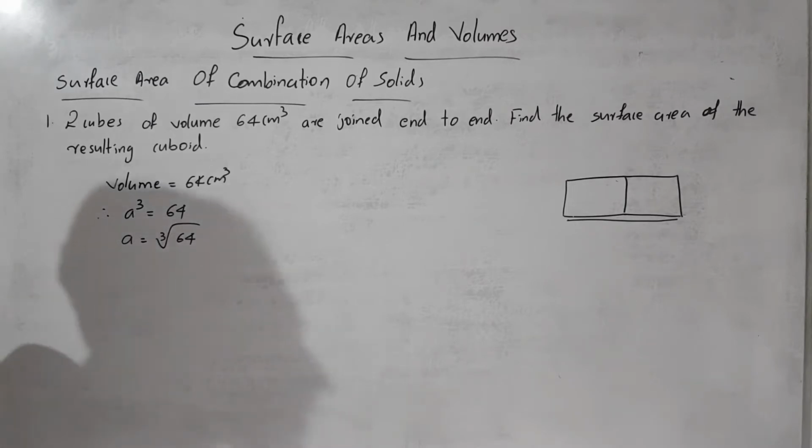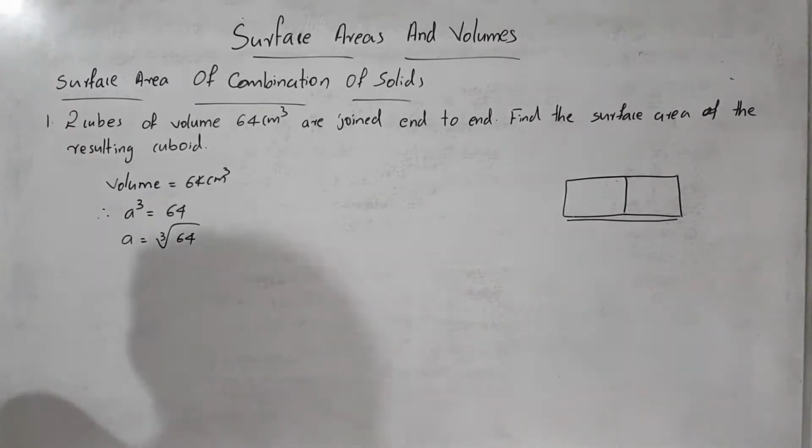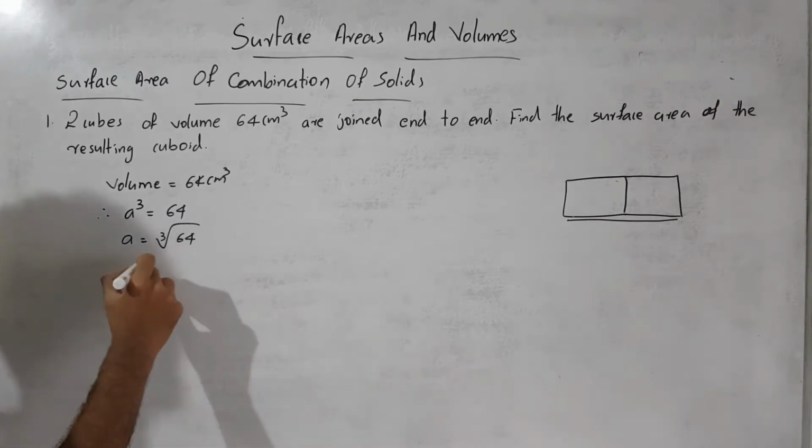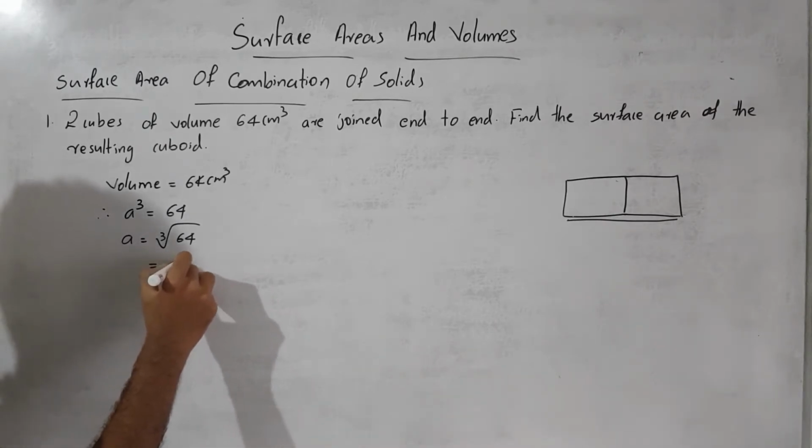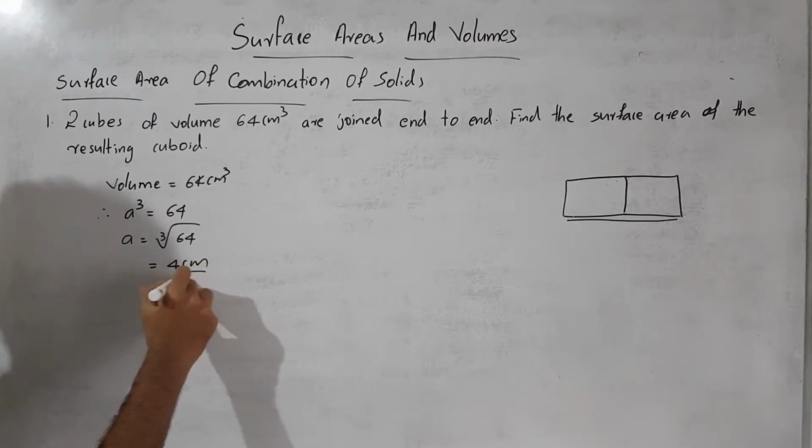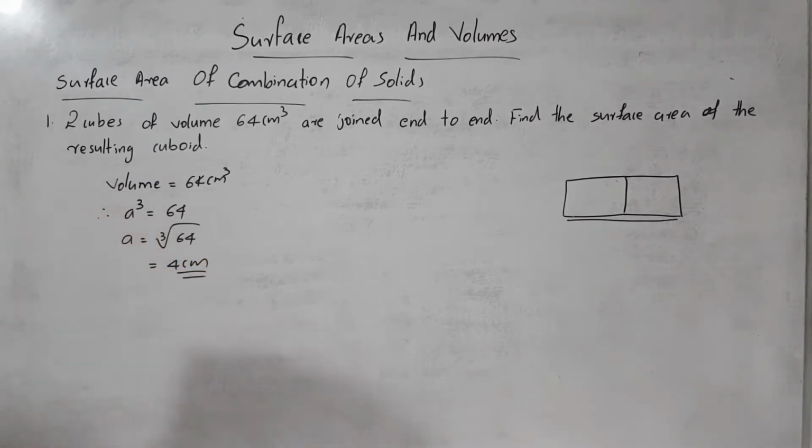Which number multiplied thrice gives 64? Yes, the number is 4. So we got one side measurement of the cube: the side measurement of the cube is equal to 4 centimeter.